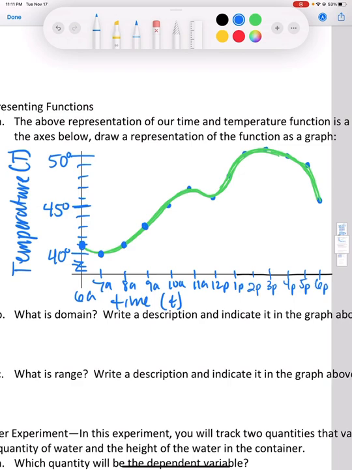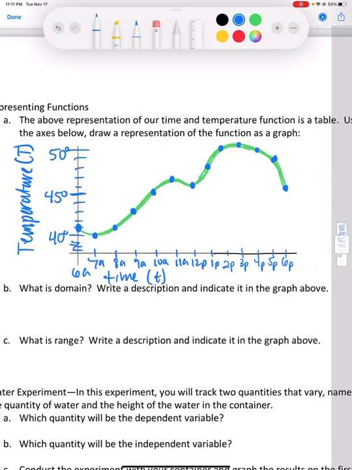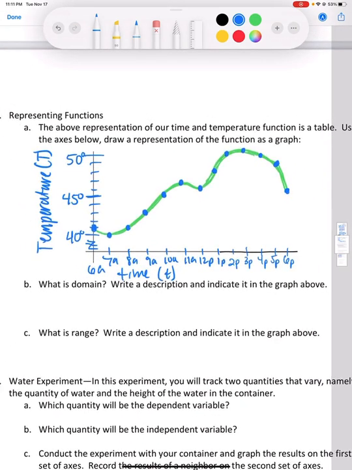Okay, so what do we need to know about this function? We have it plotted as a nice curve. What do we want to know about it? What is domain? Write a description and indicate it in the graph above.